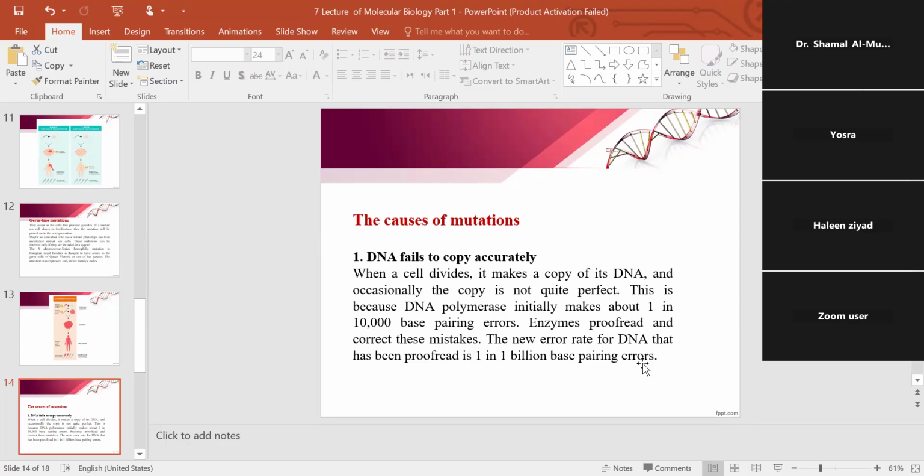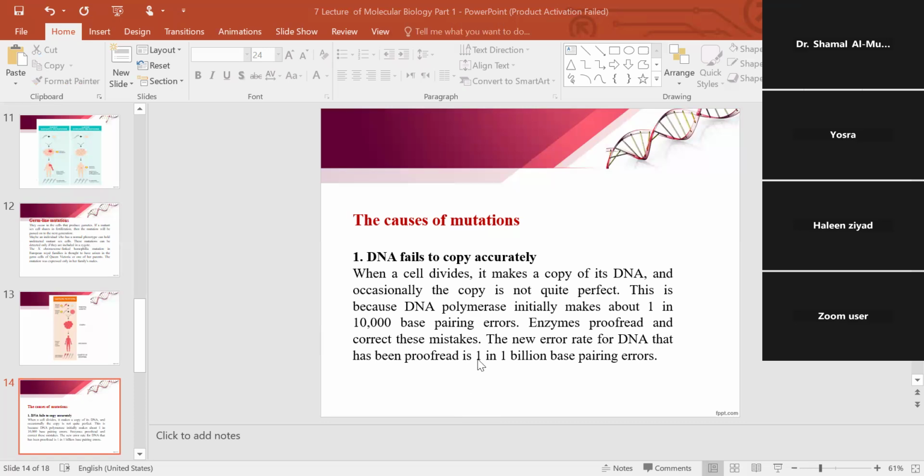After the proofreading corrects mistakes, some mistakes may still remain, but they are very, very little.